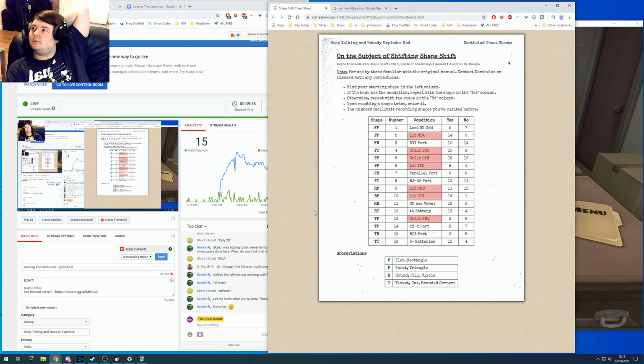Okay, and we've got odd serial, lit MSA, DVI, unlit BOB, unlit CAR, lit IND, parallel, RJ. I think that's all the numbers I know. But after that we should get a lit SND and a lit SIG. So lit SIG is 16-1. Okay.